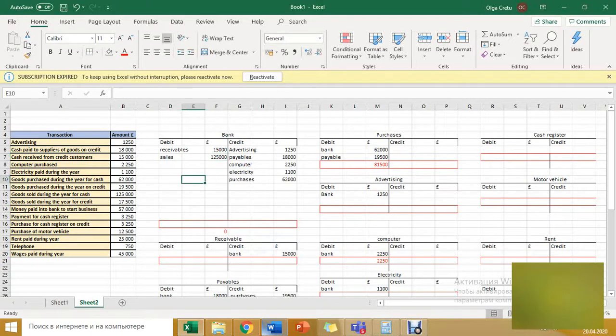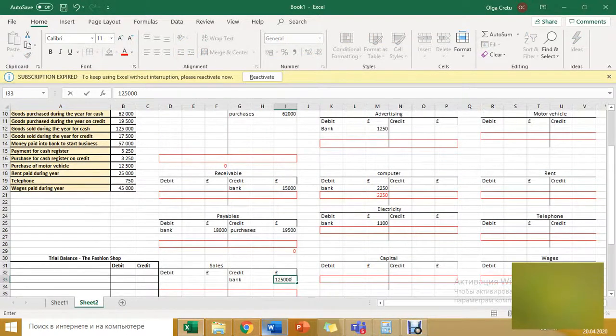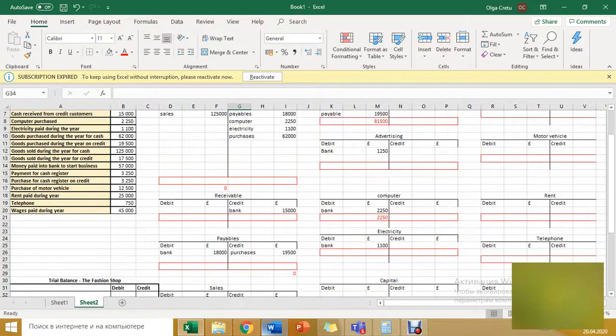And we obviously credited our account with 125,000. And then we also said that we sold on credit, which means that later we will receive the money, right? So we sold on credit.